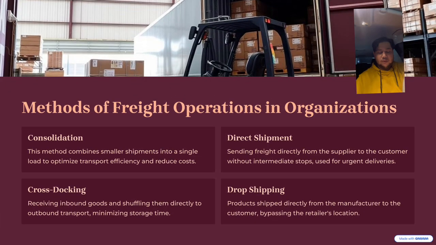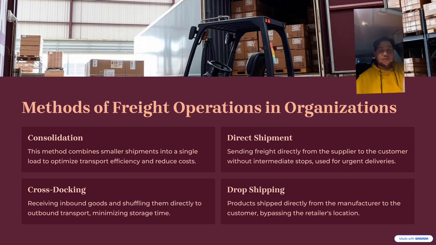The slide of number 4 is methods of freight operation in an organization. There are also 4 points, and the first point is consolidation. This method combines smaller shipments into a single load to optimize transport efficiency and reduce costs. The number 2 is direct shipment, sending freight directly from the supplier to the customer without intermediate stops, used for urgent deliveries only.